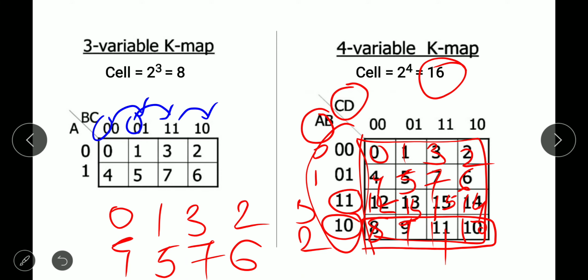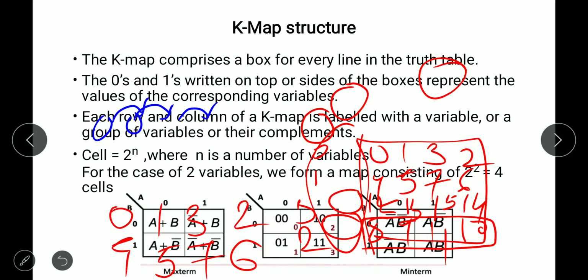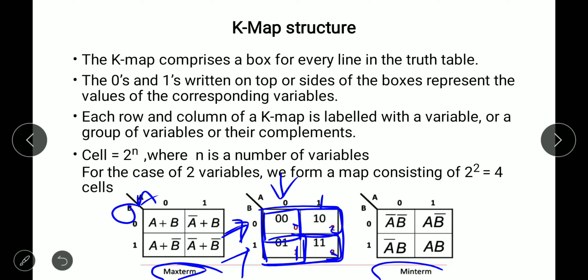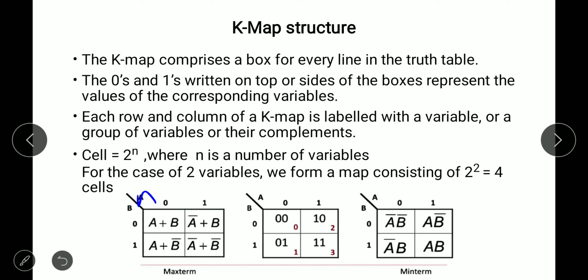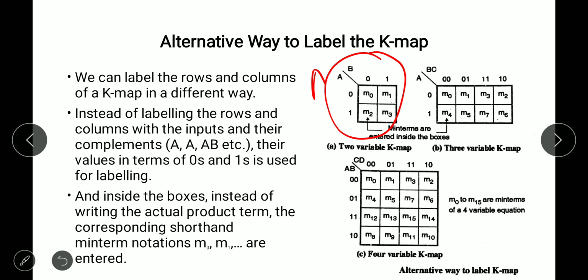Now an alternative way to label the K map. We can label the rows and columns of a K map in a different way. For 2 variables, we can place a and b. Here we put a and here b, but in this one we put a here and b here.